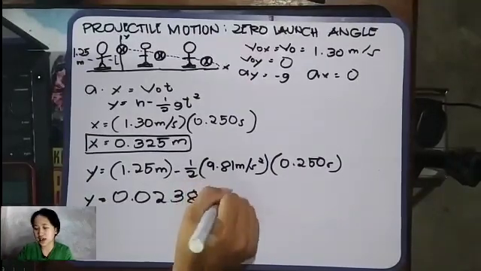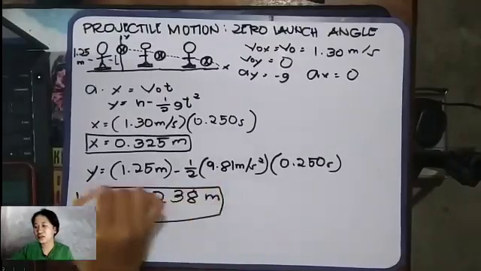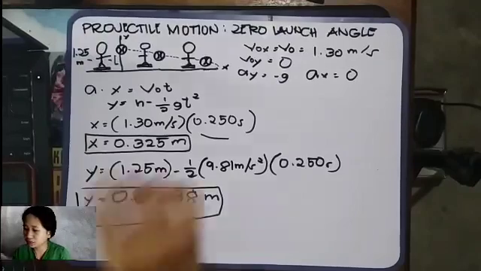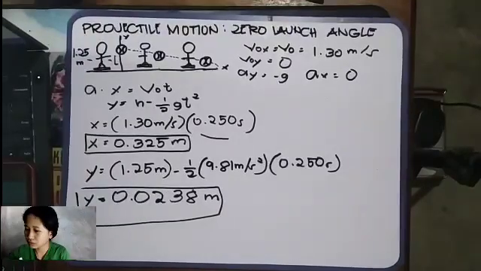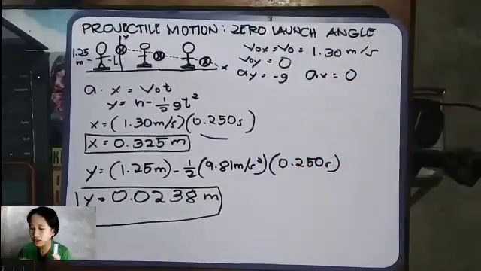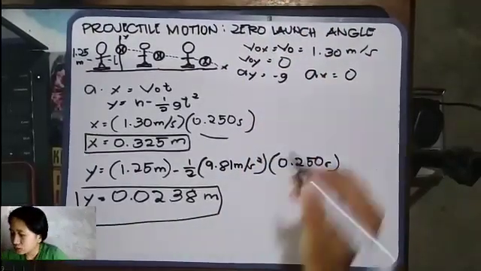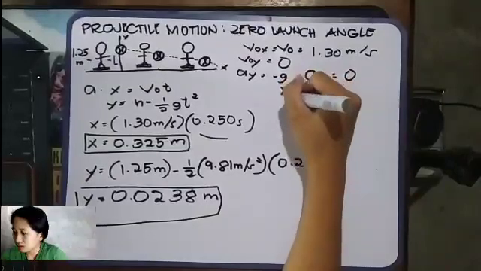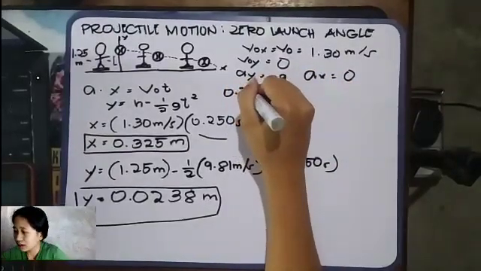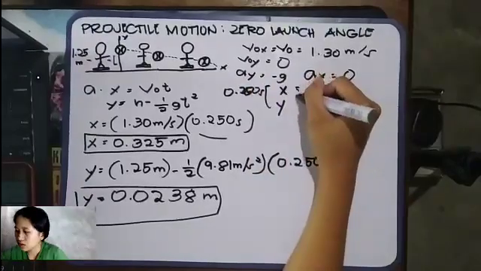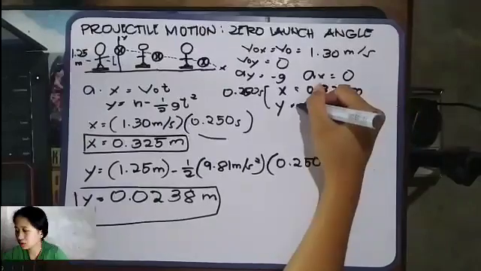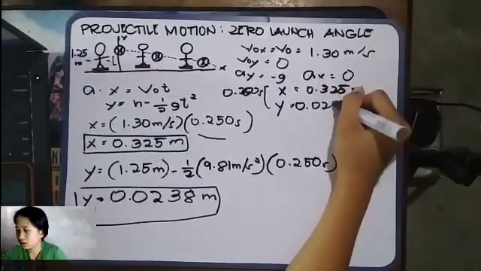So, yan yung sa time natin na 0.250. X and Y natin sa time na 0.250 seconds is 0.325 meter. Then sa Y is 0.0238 meter.